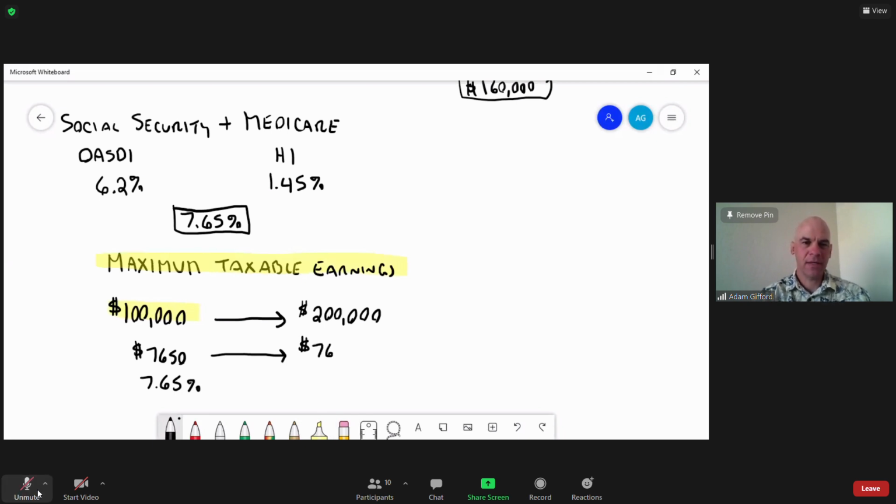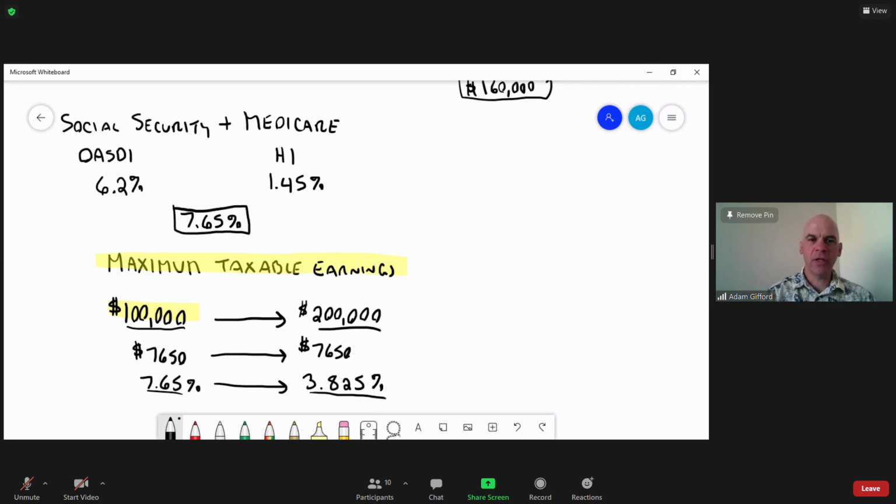You're going to pay $7,650 as well, even though you earn more money. You don't need to do the math, but since we doubled the income, we just cut that percentage in half. It's 3.825%. So this person that earns $200,000 is paying a lower overall tax rate on their entire income than the person that earns $100,000.